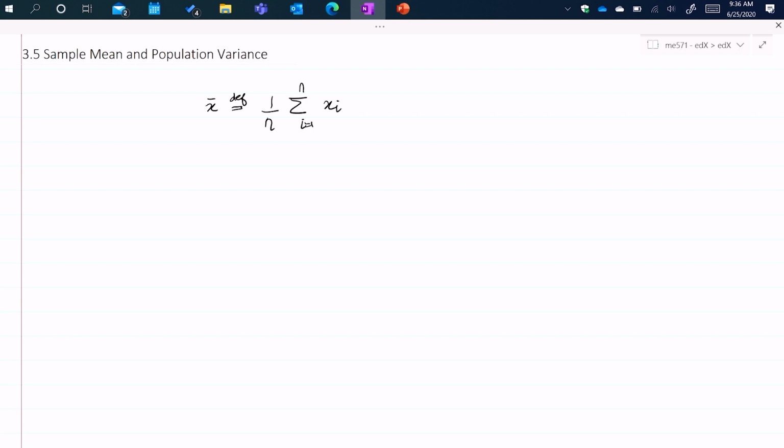So here what we are assuming is xi have equal probability, or are equally possible.